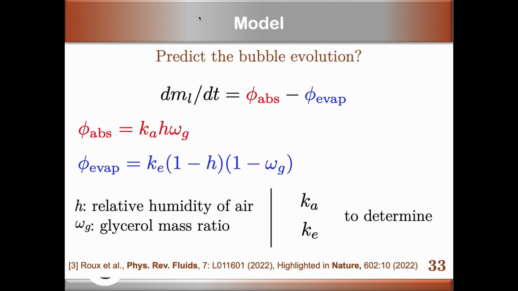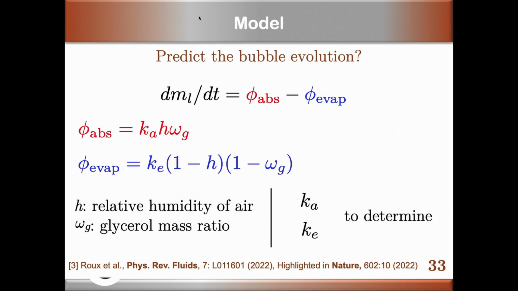While the evaporation, on the opposite, will decrease as you increase the humidity up to 1, where you will have no evaporation anymore. And it will be proportional to the water content, and the water content is 1 minus the glycerol content. So this is a very simple toy model.